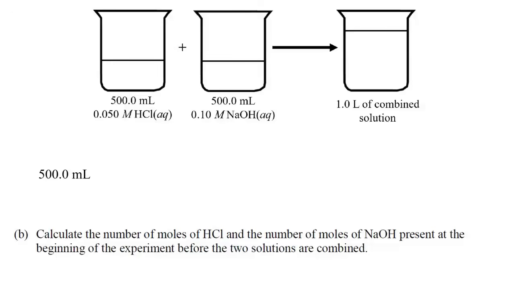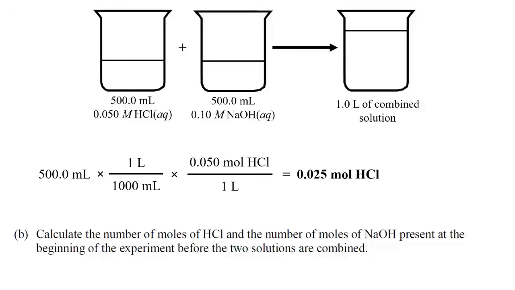So 500 milliliters times 1 liter over 1,000 milliliters, that would be half a liter, multiplied by the molarity, which is 0.050 moles of HCl per liter. And if we do this math, we get 0.5 times 0.05, which is 0.025 moles of HCl. So that's present in the first beaker.